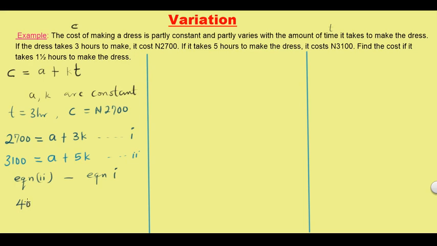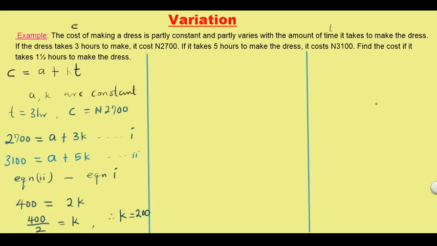Good. 400 equals, when you remove this A from this A, you are left with 0. Very good. Now when you remove 3k from 5k, what do we have? We have 2k. Hence we can say 400 divided by 2 equals k. Then k will be equal to 200.